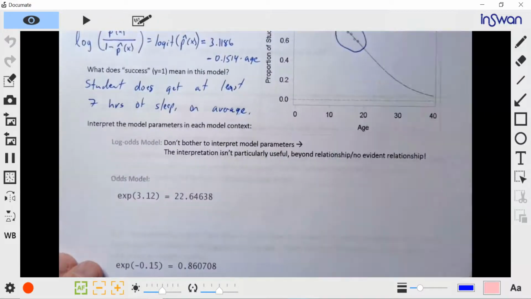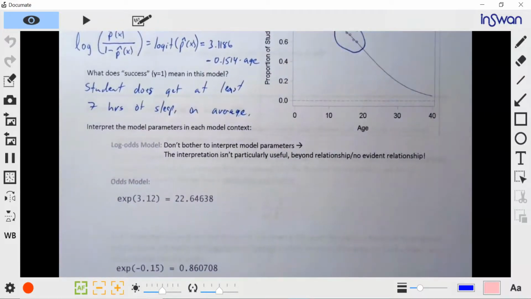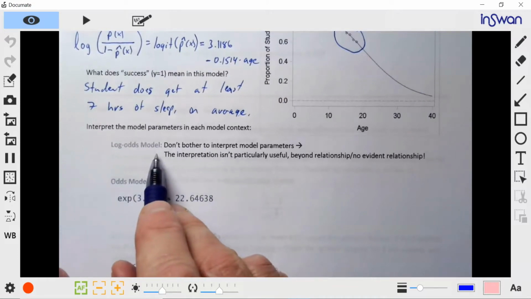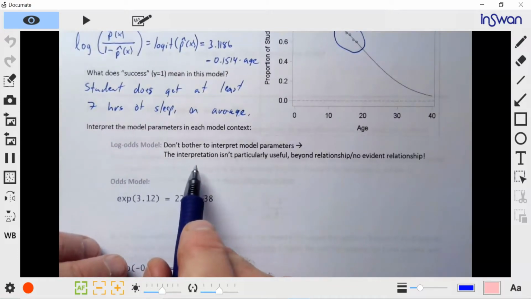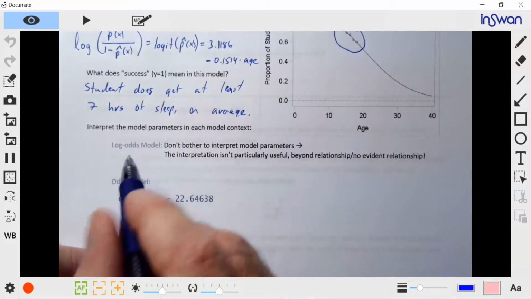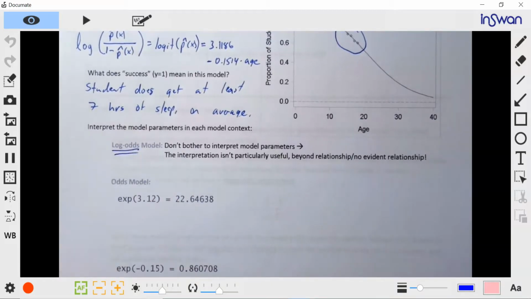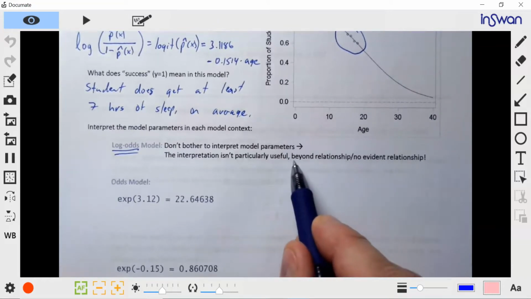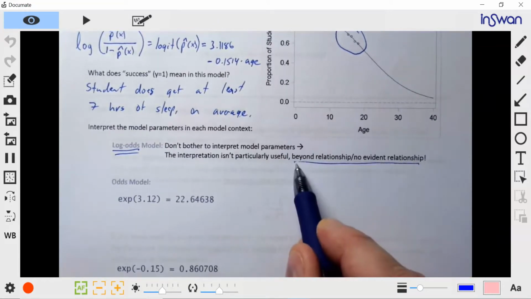So now let's interpret the model parameters in each of these different forms that we talked about. On the log odds model, we don't really have to bother to interpret the model parameters. The interpretation isn't really useful because we don't really know what log odds are. They're difficult to think about. Odds are difficult to think about, right? Beyond the idea of, is there evidence of a relationship or no relationship?